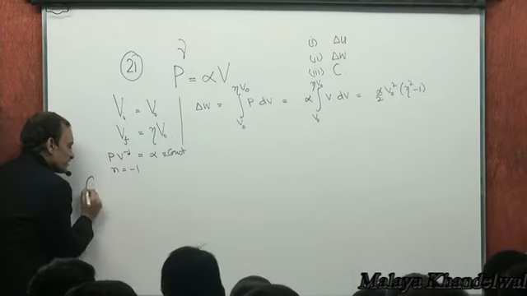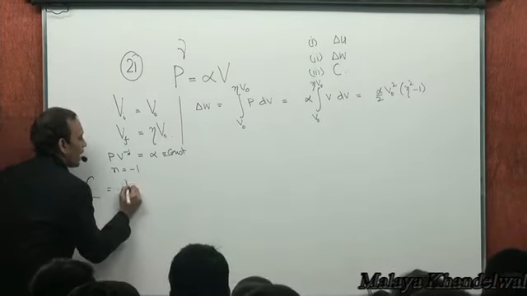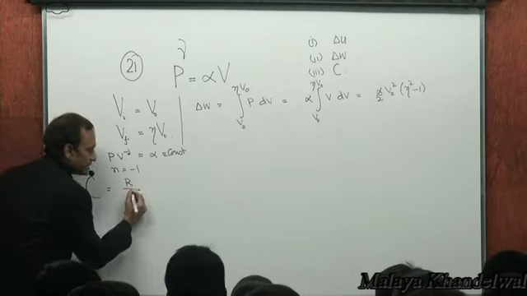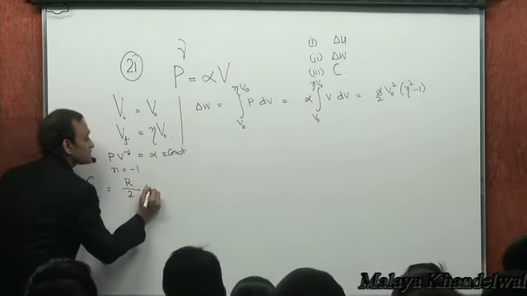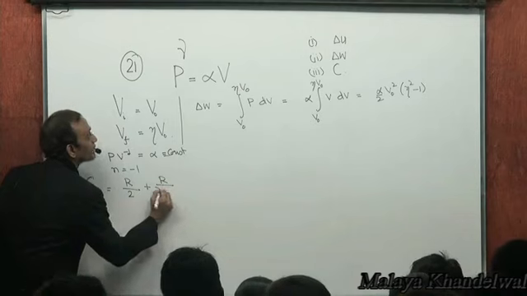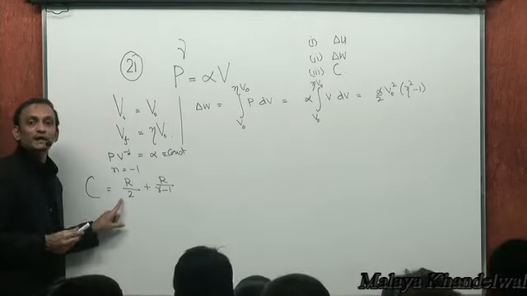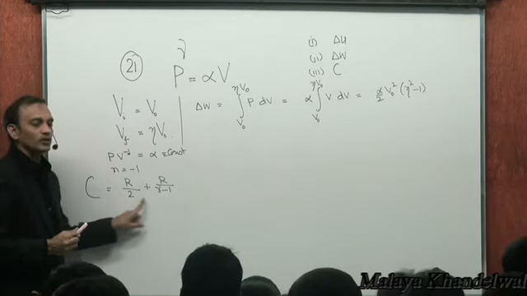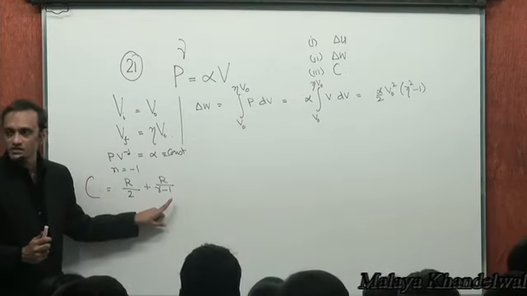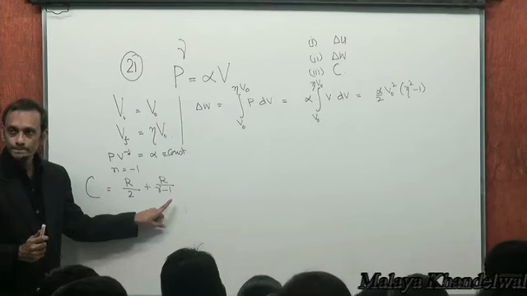The molar specific heat for such a process is going to be R by 1 minus n, that is R by 2, plus R by gamma minus 1, which is Cv. Cv plus R by 1 minus n. That's how you calculate the molar specific heat for the process, right?